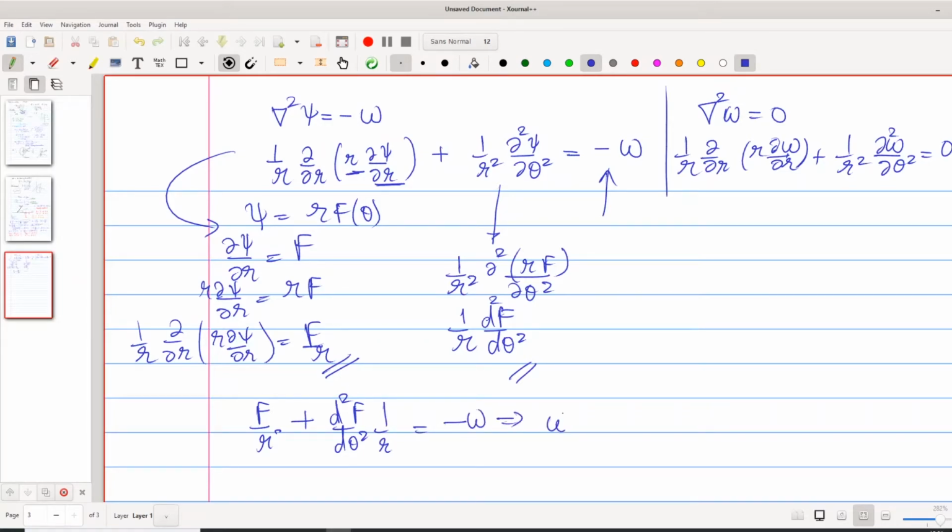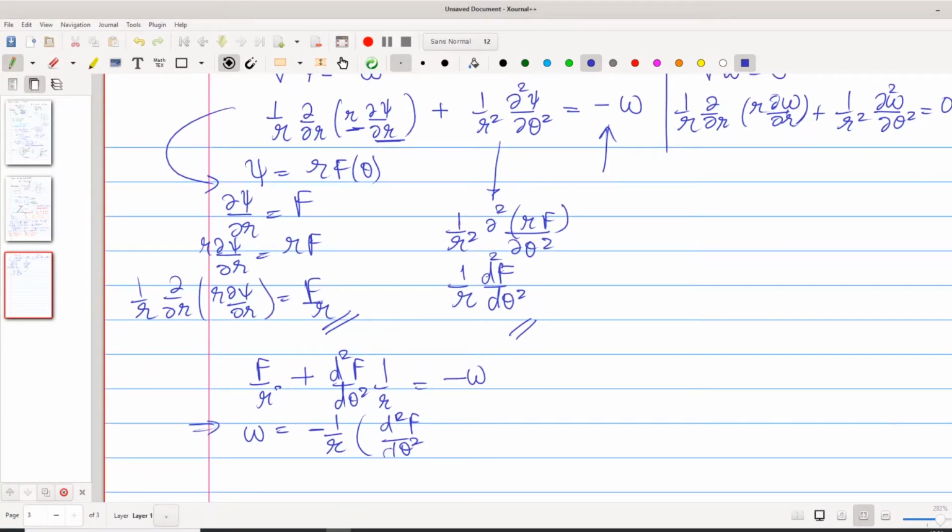Essentially implying omega is minus 1 by r (d2f/d theta 2 plus f).